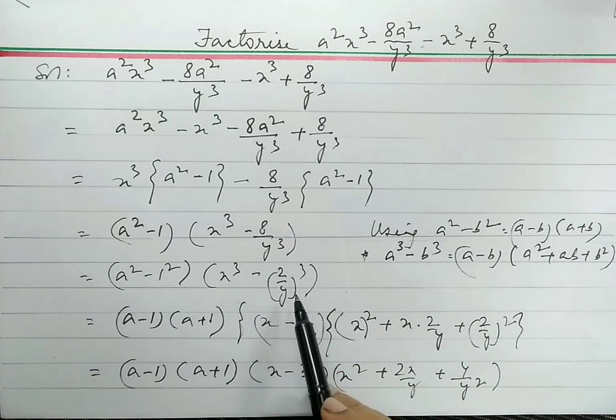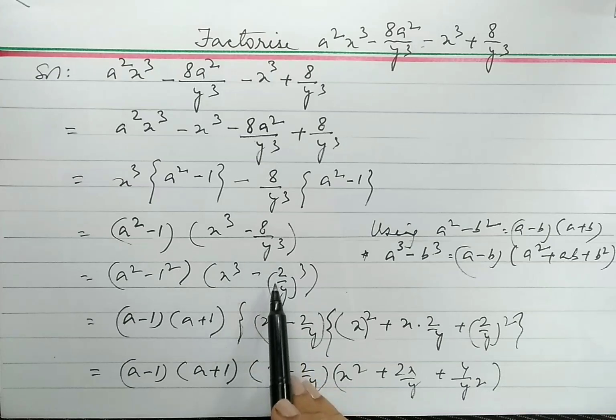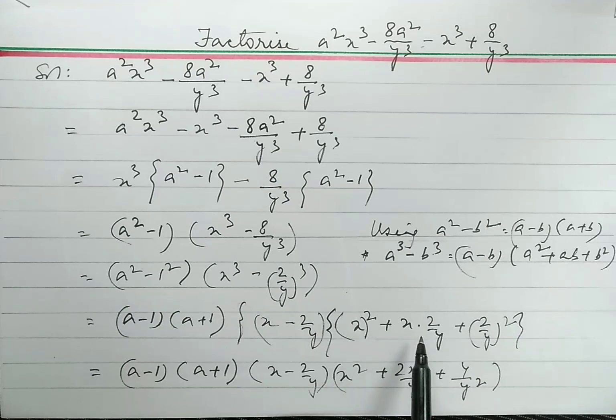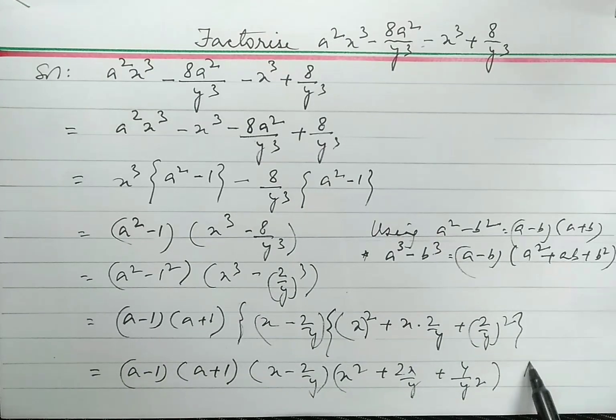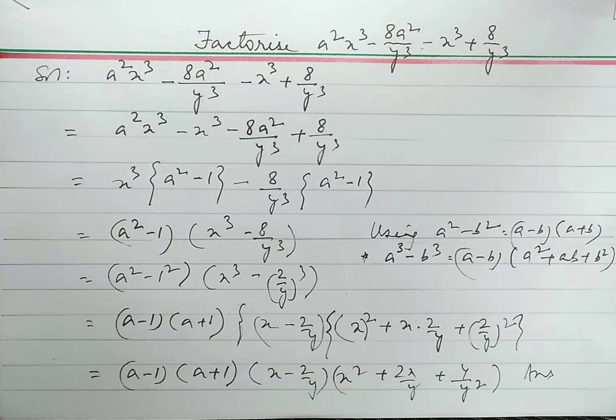Similarly, we lay down this accordingly, choosing our a as x and b as 2 upon y. So a minus b and a square plus ab plus b square. When we simplify this, we get this, and from here this comes down, this comes down. So as a result, this is our answer. As simple as this, not very difficult.